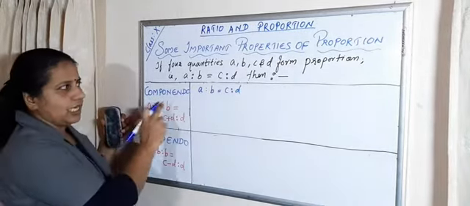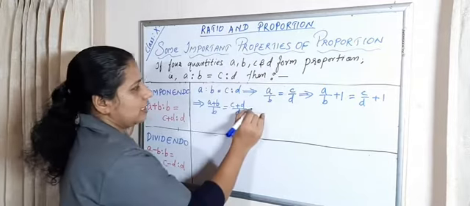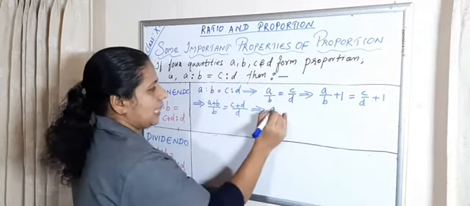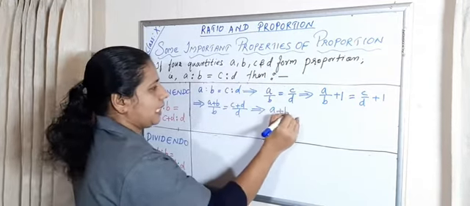Implies A by B plus 1 is A plus B by B, equal to C by D plus 1, which means C plus D by D. That implies A plus B is to B equal to C plus D is to D. So this is what is called the componendo property.